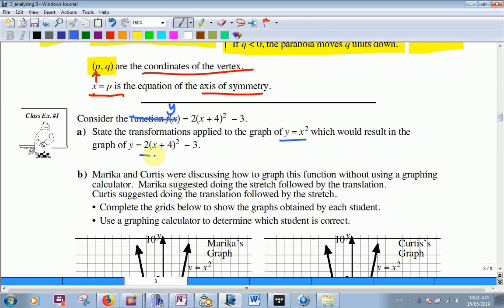We want to go from left to right. What does the 2 do? That's A. And that's going to do a what? Look above in the table. That is a vertical expansion. All the y values are going to be twice what they were, by a factor of 2.